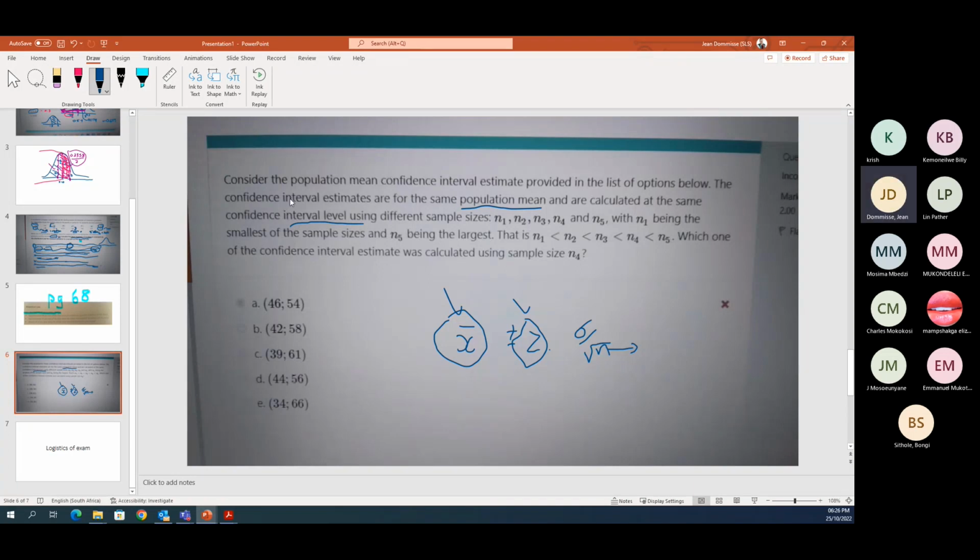So let's put in numbers. I think that is going to be 50.